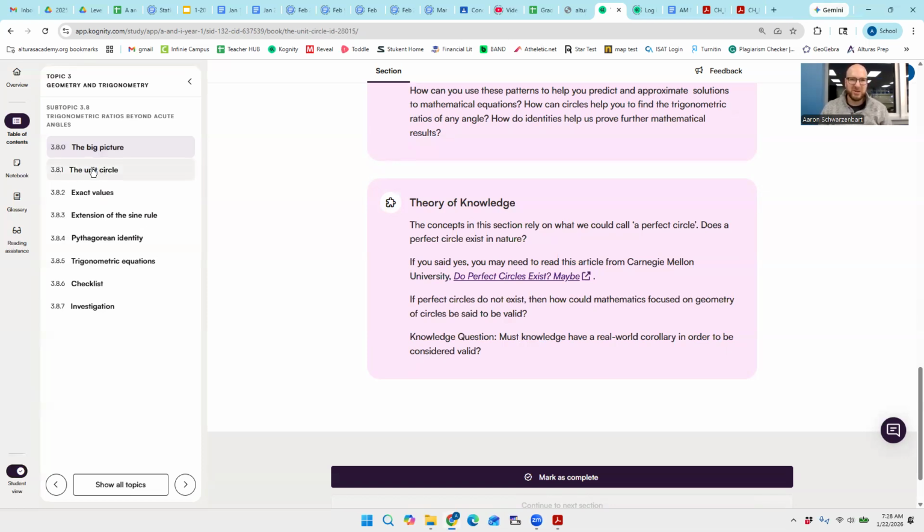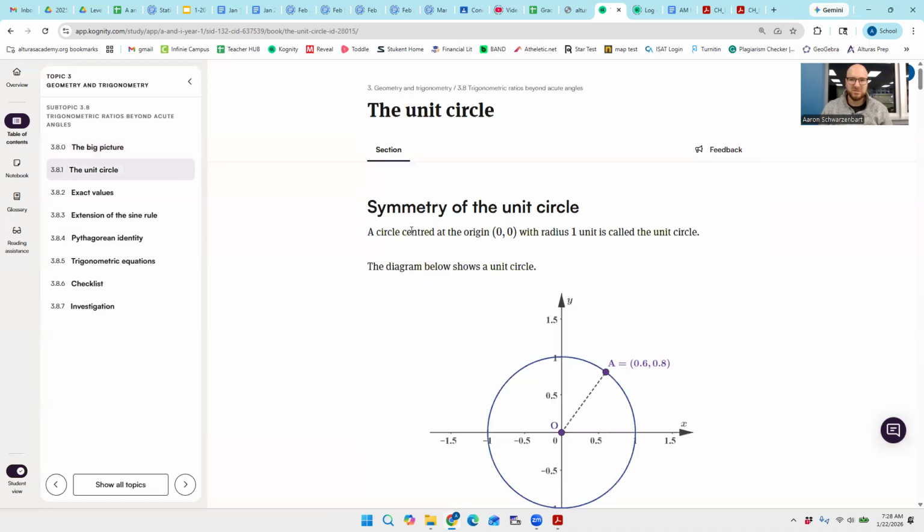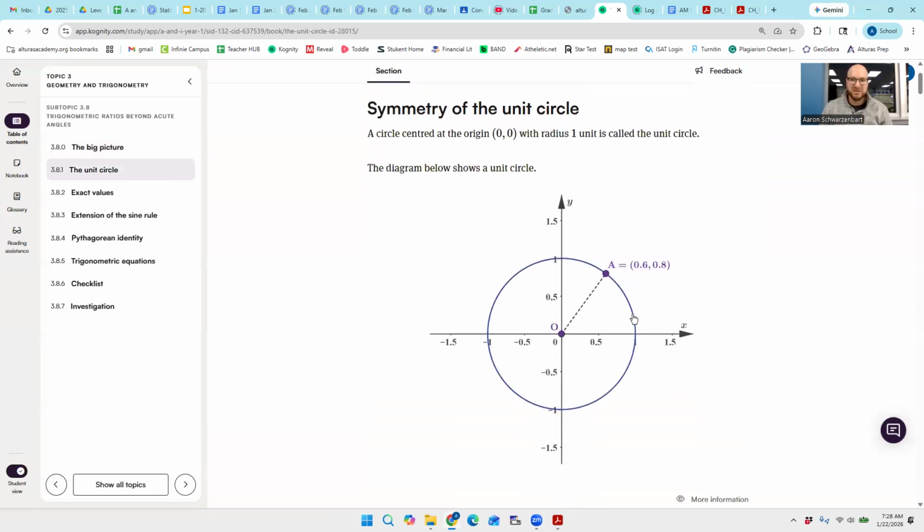Okay, now we move on to the unit circle. Within a circle, there is symmetry. I can draw this point here, and it will be negative 0.6, 0.8.